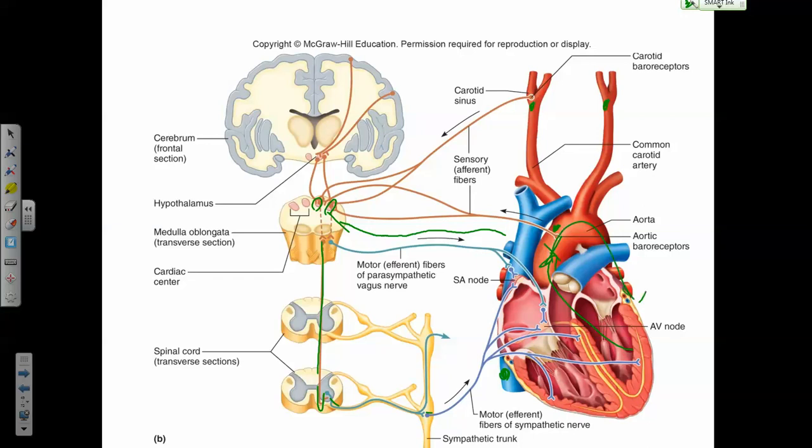Okay, and so the presoreceptors in the aorta and in the carotid arteries are going to send impulses to the cardio inhibitor center, which in turn sends an impulse along the vagus nerve to slow down the heart rate. Okay, I spent way too long on that, but it can be tricky. But think about the blood in those blood vessels.